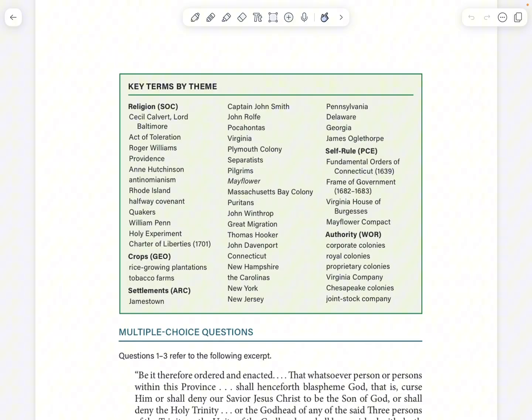Frame of Government, 1682 to 1683. Virginia House of Burgesses, Mayflower Compact. Authority, corporate colonies, royal colonies, proprietary colonies, Virginia Company, Chesapeake Colony, joint stock companies.